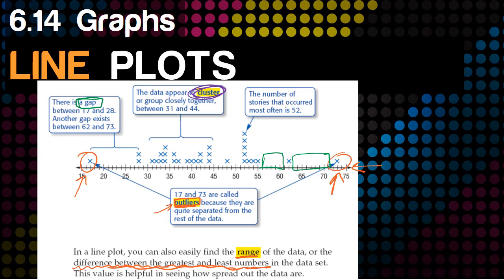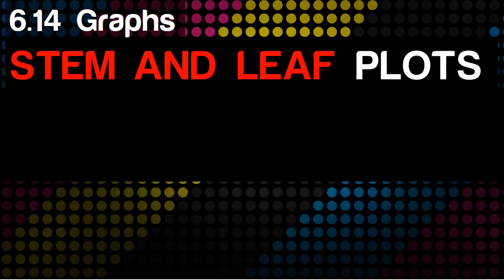Clusters are where the data, the groups, are close together. We can see that most of our numbers are right here between 31 and 44. And the winner for today, the mode, which is the most. The number that shows up the most in our data set is the number 52 because it has the most X's over top of it. So lots of different little definitions to remember in regards to line plots.